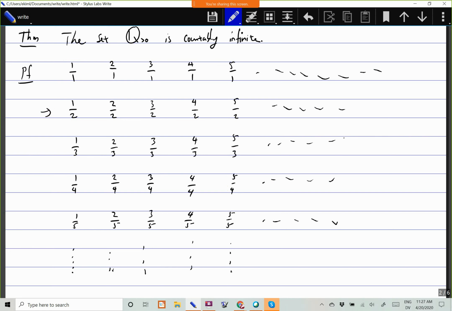In the next row, all denominators are 2. In the third row, all denominators are 3. So where are you going to find the fraction 21 over 6? You've got to go over to the 21st column and then go to the 6th row.